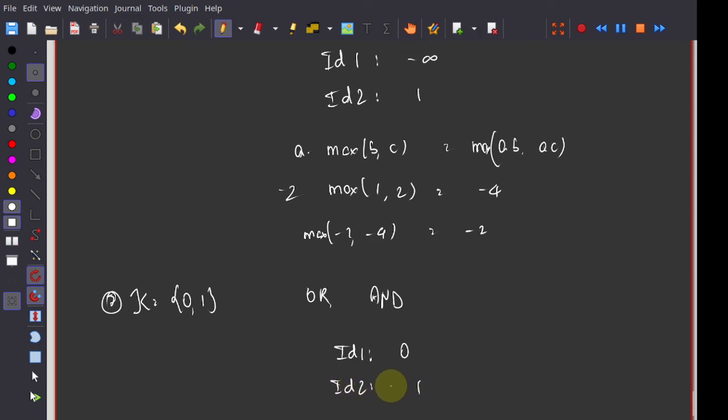Is it distributive? It is. So this is also a semiring.